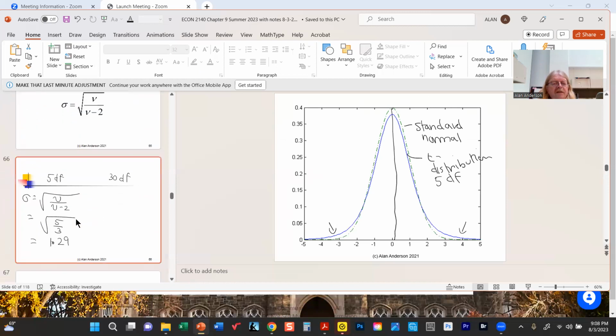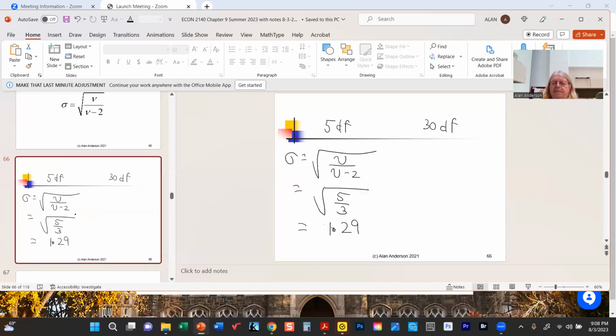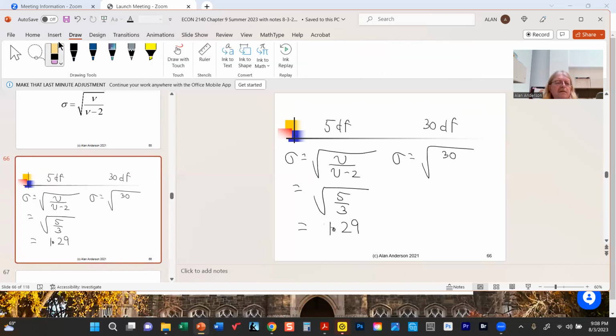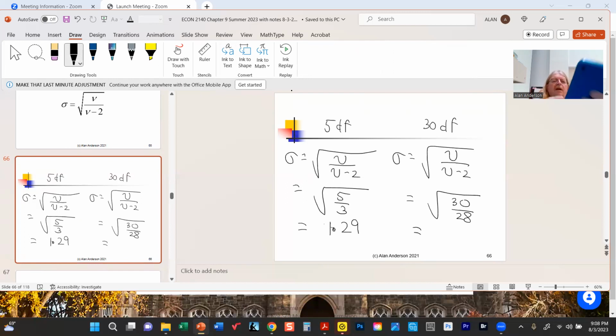But if we increase that to 30, the square root of 30 over 28 is approximately equal to 1.035.